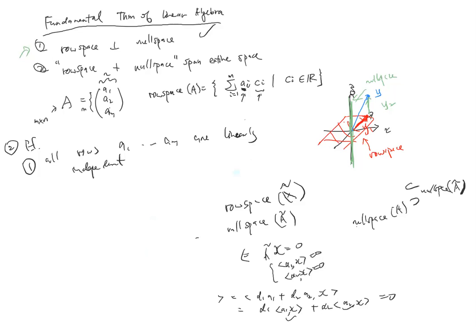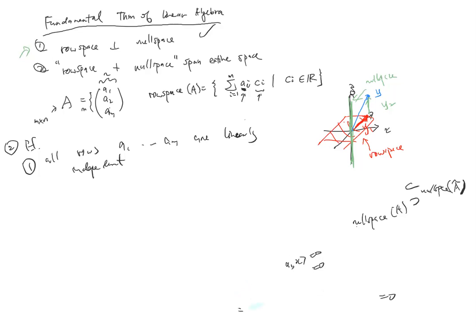Another assumption is not exactly an assumption, but I will only consider the case that A is fat. Since we already assume that all the rows are linearly independent, I cannot have m bigger than n. So I cannot have a tall matrix, otherwise some of the rows will be linearly dependent.